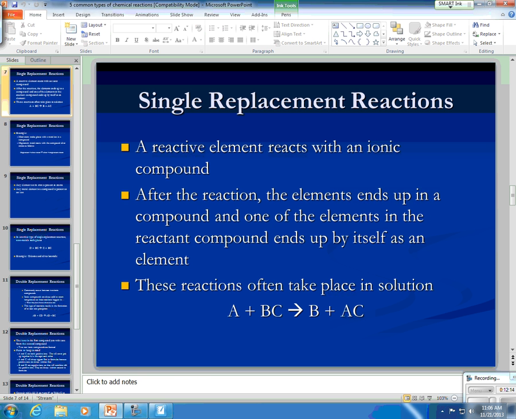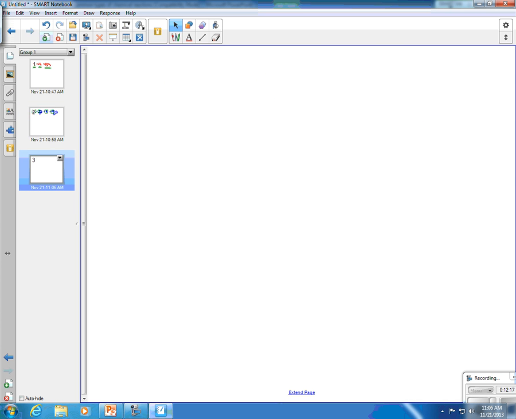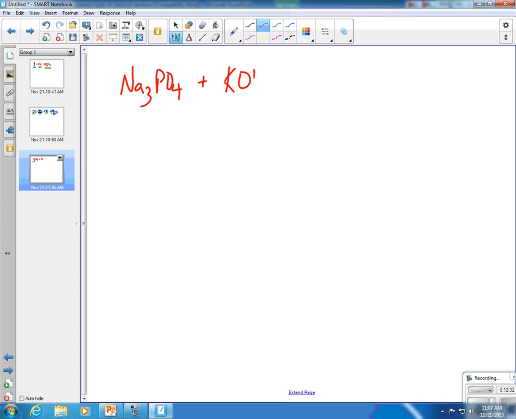Now, let me show you an example of a double replacement reaction. We have sodium phosphate, Na3PO4, plus potassium hydroxide giving us sodium hydroxide plus potassium phosphate, where we have metal 1 and metal 2.